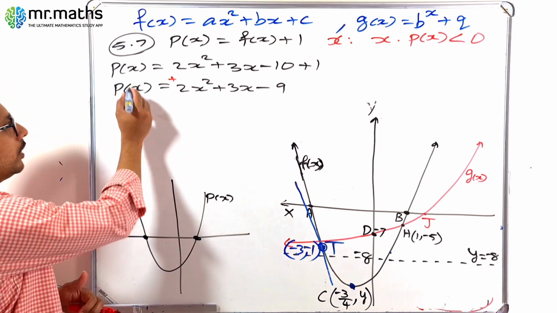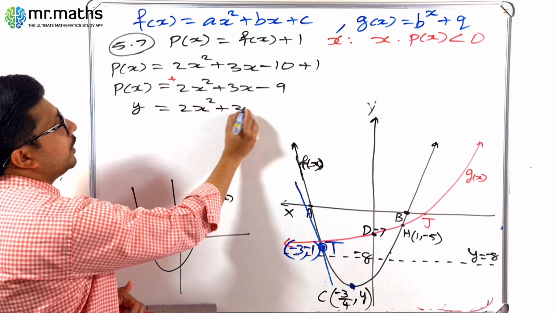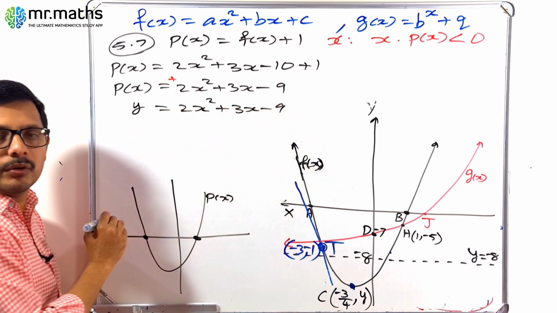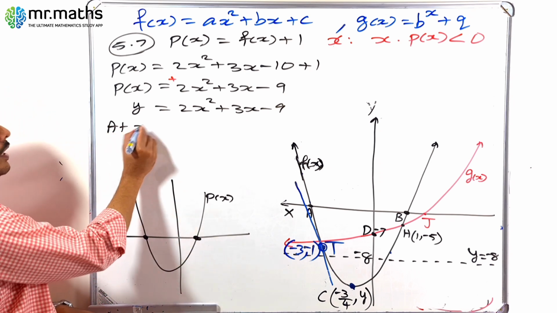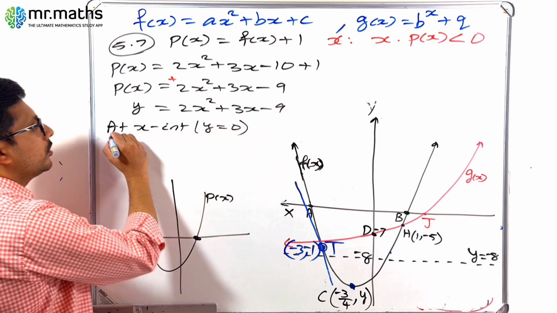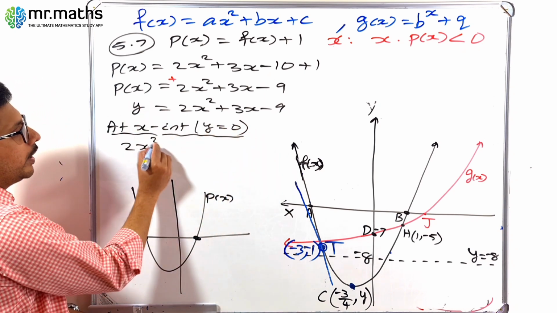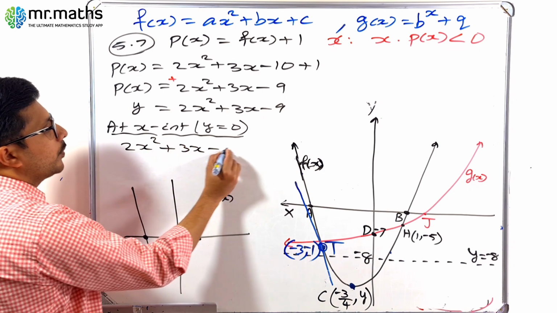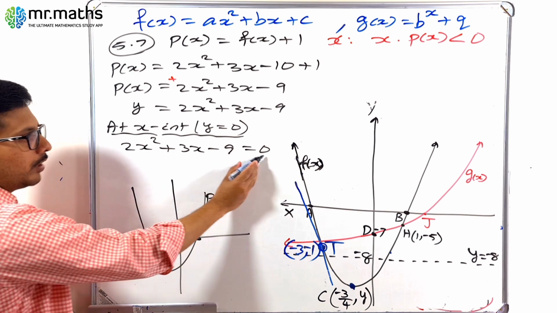Let me write this p of x as y is equal to 2x square plus 3x minus 9. We are trying to find the x-intercept. So at the x-intercept, the value of y is equal to 0. That means 2x square plus 3x minus 9 is equal to 0. I substitute the y value as 0.